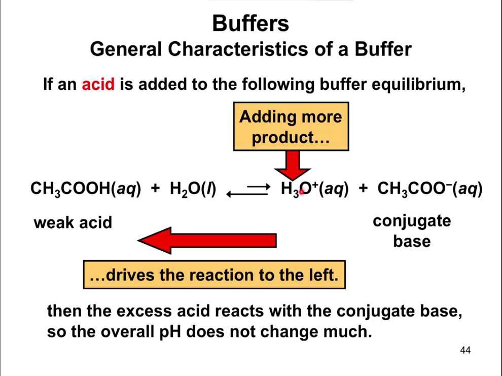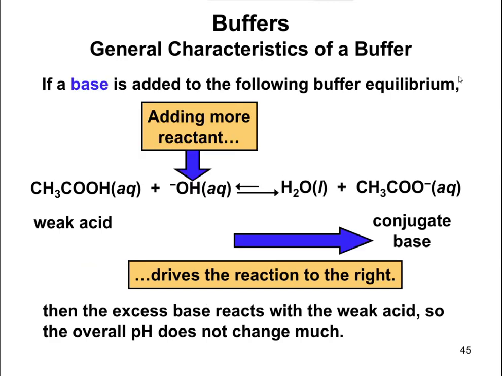Well, Le Chatelier's principle says if we add more acid, we're going to drive the reaction over to the left. And what's going to happen is we're going to make more of this weak acid. So H3O plus is going to react with the conjugate base, and you're going to form more of the weak acid. So the idea is that the extra H3O plus that we add doesn't change the pH because it gets reacted.